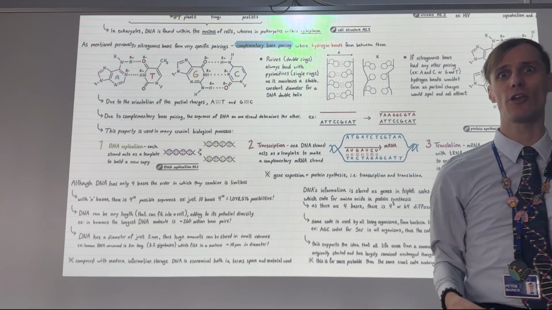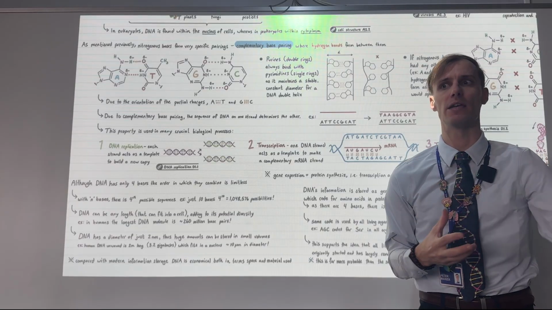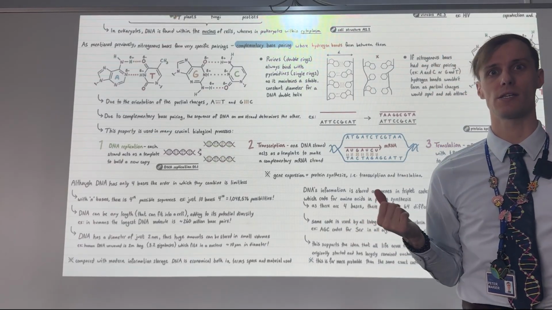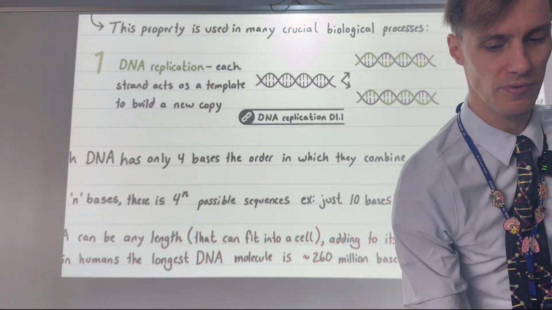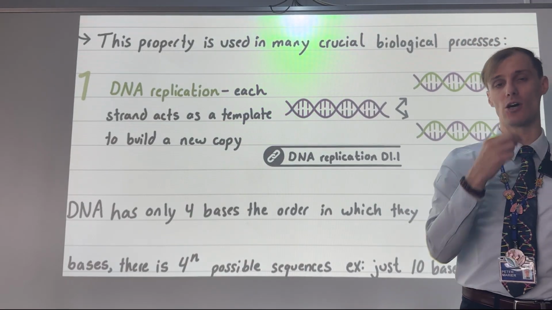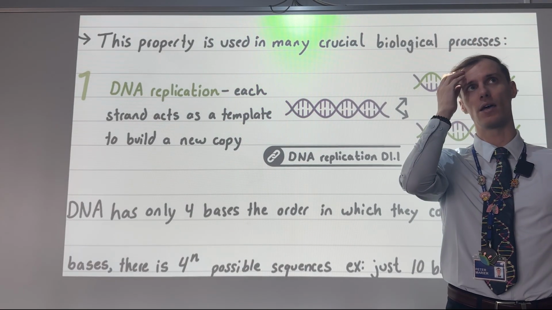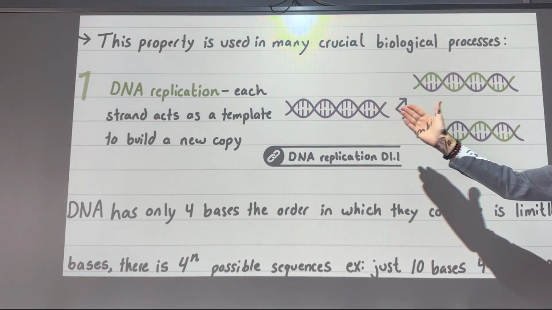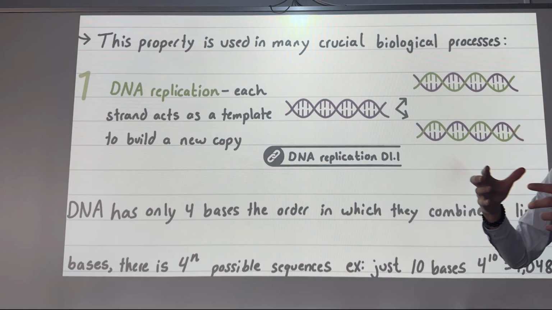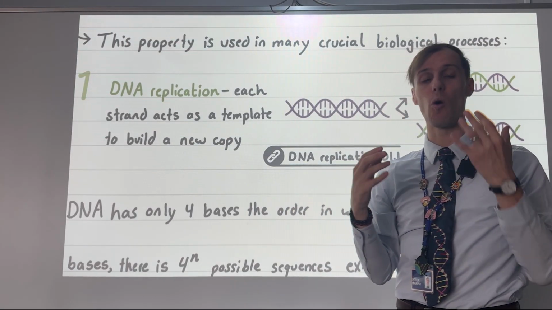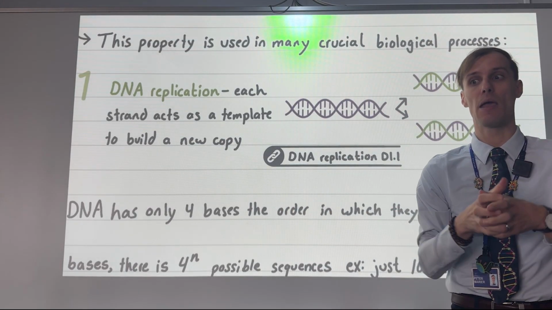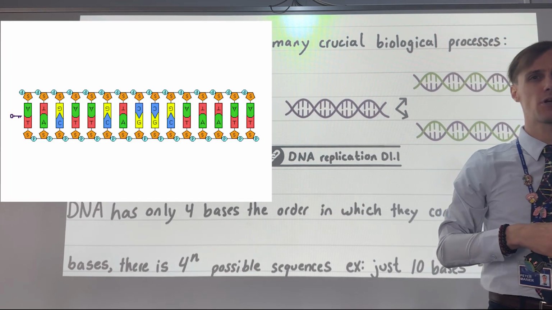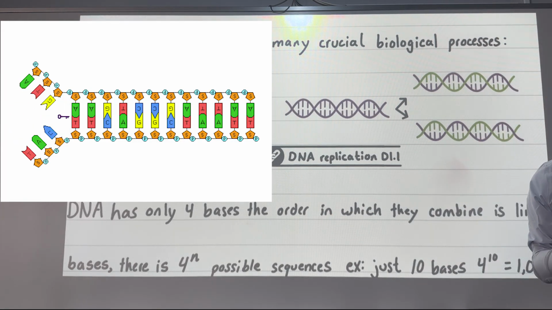Now, I mentioned earlier that complementary base pairing is vital for biological processes. Well, let's go through some of these. One that we'll talk about in its own subtopic, D1.1 DNA replication, is that this complementary base pairing nature is the core of how DNA replicates itself in the process called semi-conservative replication.